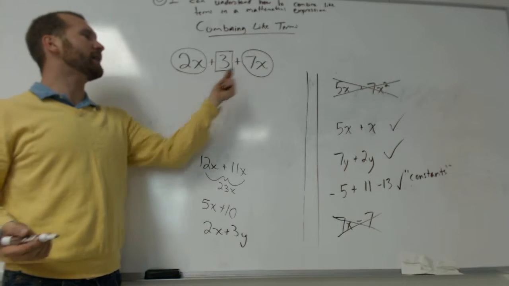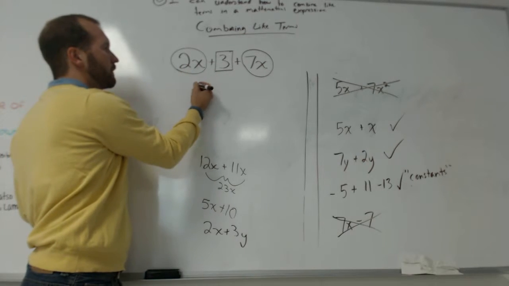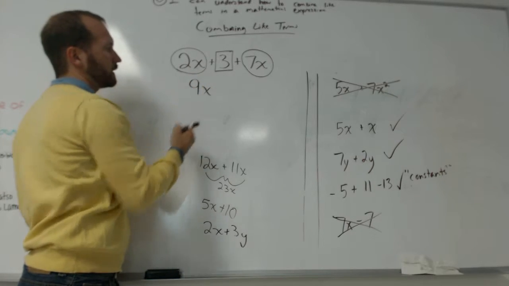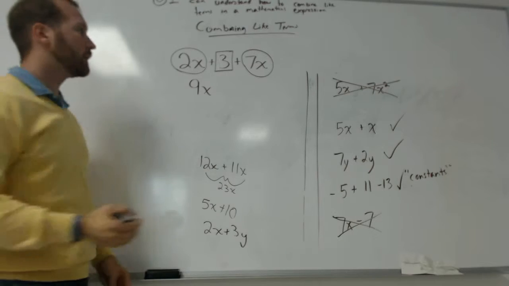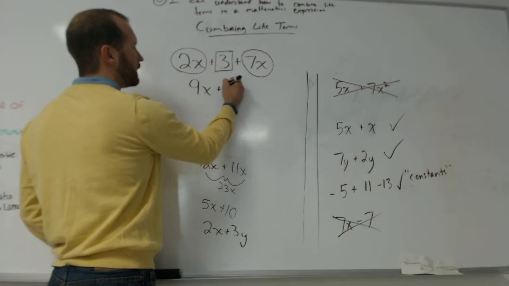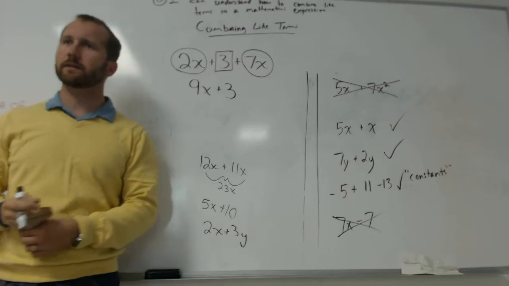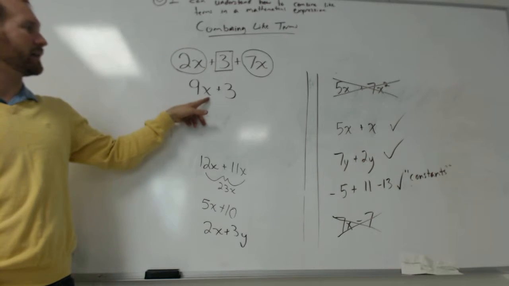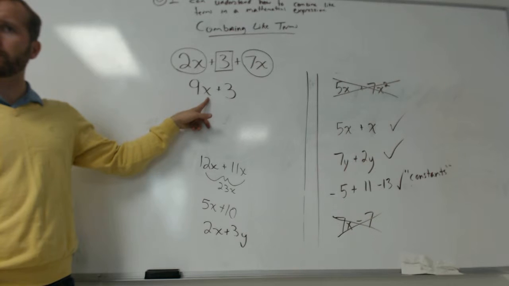So 2x and 7x combined together make what? 9x. Exactly. The 3 doesn't combine with anything, so I leave it off to the side. So this expression simplifies to 9x plus 3.